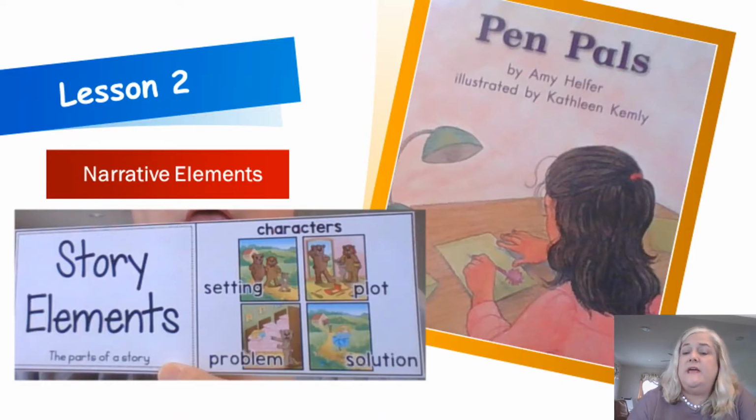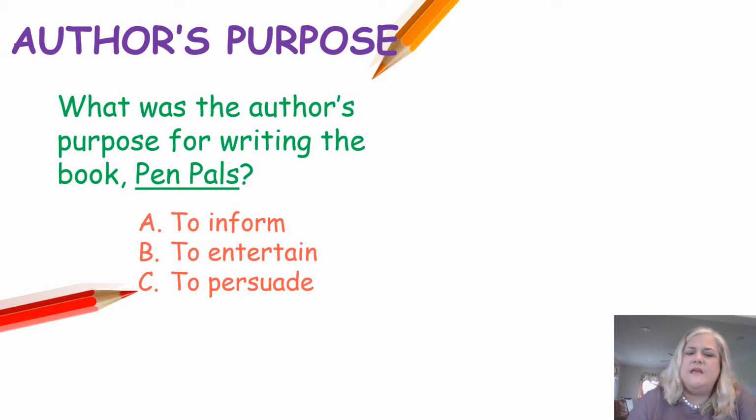Let's take a look at our book from last week, the story Pen Pals. Think about that book for a moment, and let's see what we think the author may have had in mind or had purposed in writing that book. What was the author's purpose for writing the book Pen Pals?